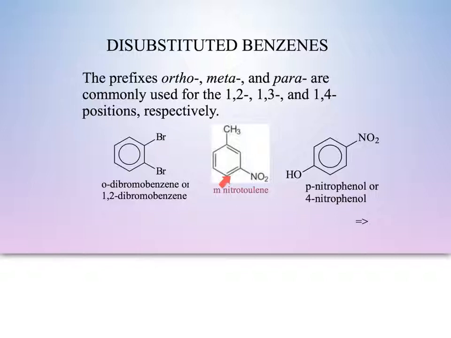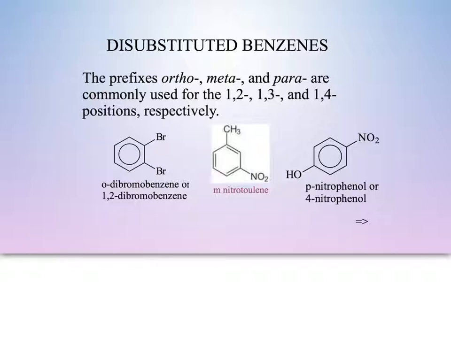And here we have a benzene, and so you'll notice that we have this CH3 here, and we have this NO2, and this is at a 1 and this is at a 3 position. And then you'll notice that here we have a benzene ring, and we have an NO2 at the 1 position, and we have an OH at the 4 position.